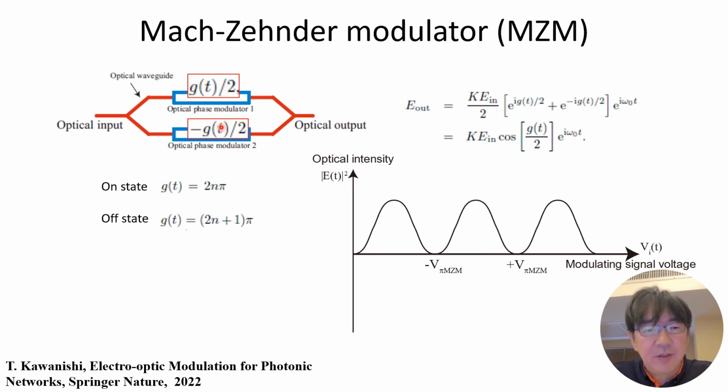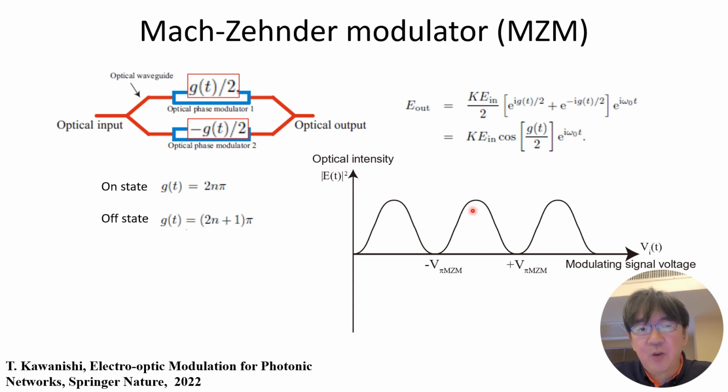And if φ(t) is equal to an integer multiple of 2π, we can get an on state. The intensity would be maximum. This component is equal to 1. In the off state, this component goes to 0. So we can get intensity control like this.